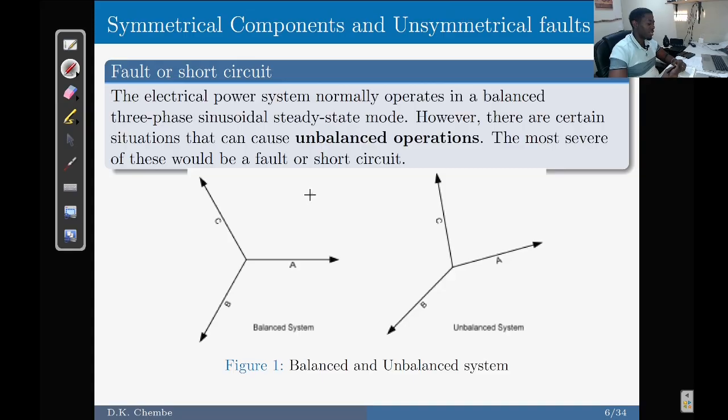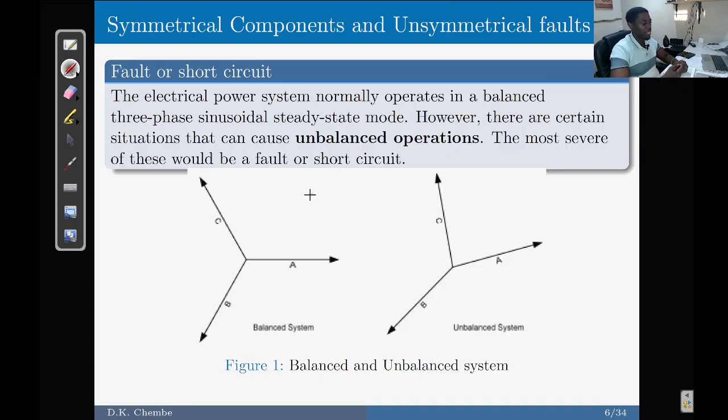And in other cases, you can have other sorts of damages. In some cases, the protective schemes would even fail to detect these high fault currents and allow that high fault current into the system.